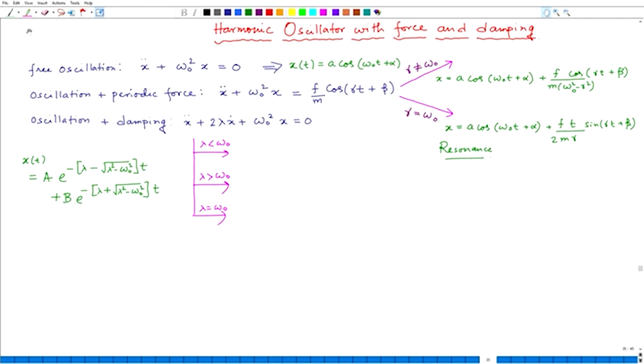When we discuss the case of oscillation without force, but with some damping, then the equation is given by x is equal to a e to the power minus lambda minus root over lambda square minus omega 0 square times t plus beta e to the power minus lambda plus root over lambda square minus omega 0 square times t.